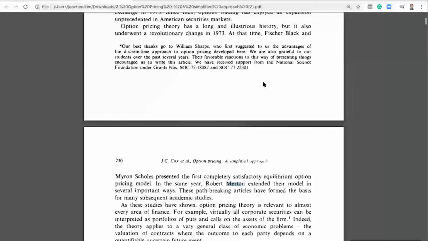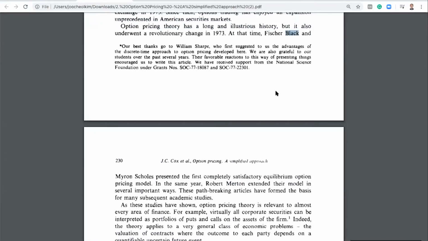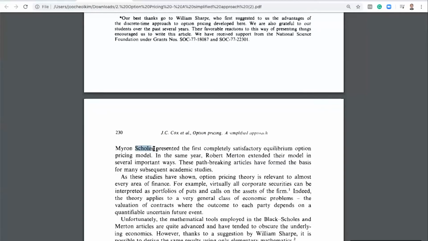Fisher Black was, as far as I know, a consultant at MIT at that time. And Myron Scholes was an assistant professor, in the very first years of his professorship in the MIT economics department. And Robert Merton was actually a PhD student at MIT, and they knew each other.